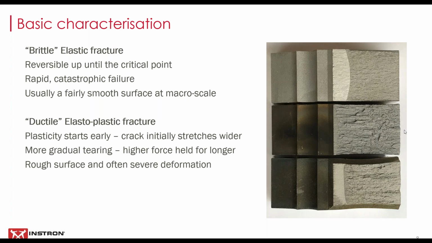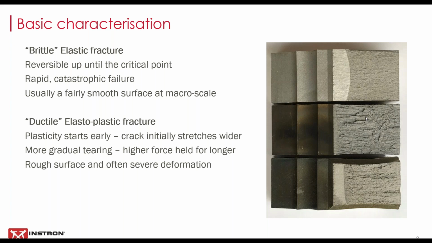And you do get somewhere in between some of the more brittle steels. The central specimen, that's an EN24. So it's a high strength steel, but it's a lot more brittle than stainless. You've still got that really rough surface at the micro or meso scale, but it's got a clearer point at which it starts to rip.